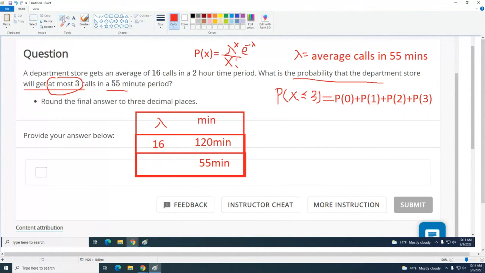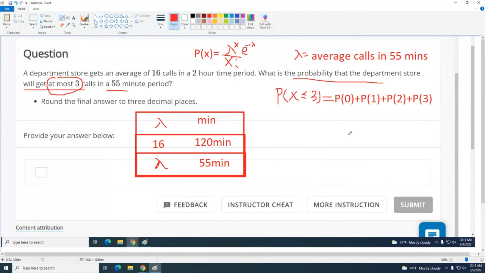We have no idea. Let's label that lambda. So we're going to look at the table. There should be a smaller number of phone calls if you're looking at a small time frame, right? If the proportion goes down from 120 to 55, the number of calls should go down too, right?